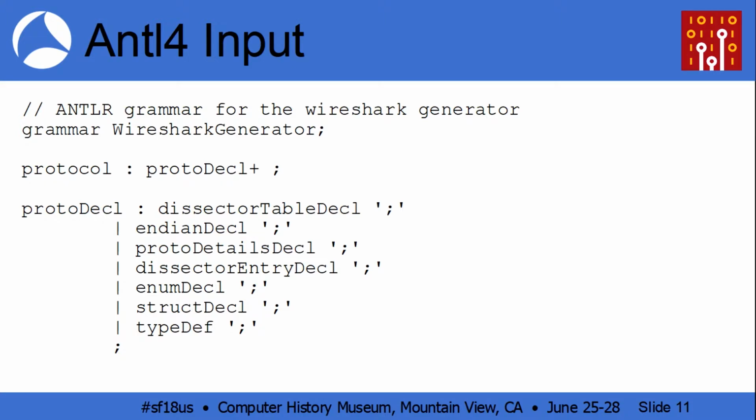And then a proto-decl consists of either a dissector table decl followed by a semicolon, or an endian decl, or a proto-details decl, or any one of these things, an enum, a struct, a typedef.